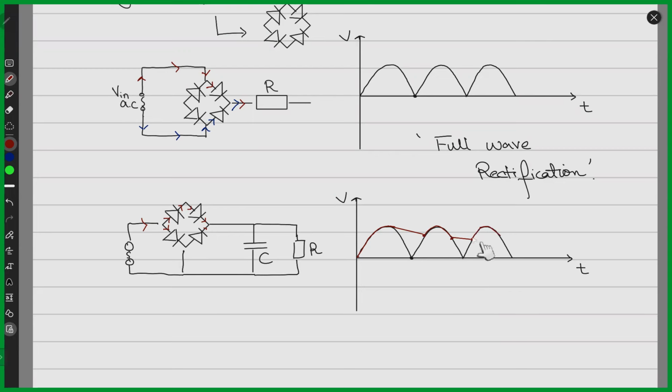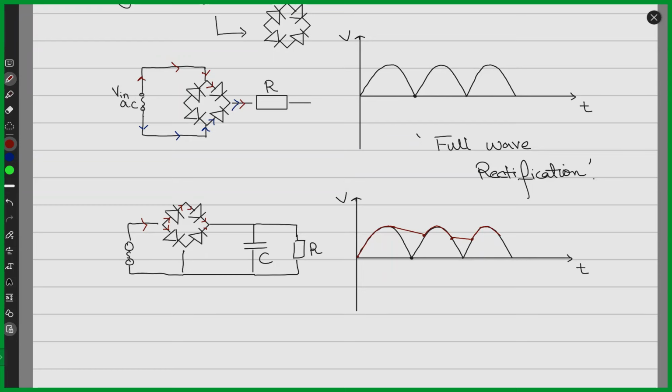So now what we have done is, by storing some of the potential, we have minimized the change in potential as much as we can. Now, this red color wave that you see is a much more suitable form of supplying the voltages to any electrical appliances.